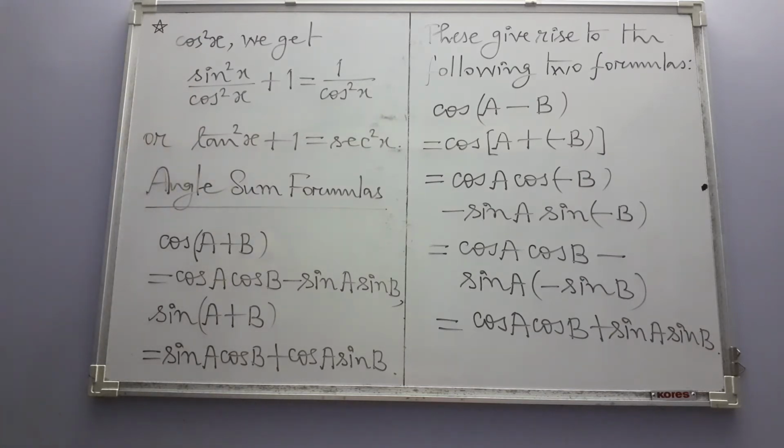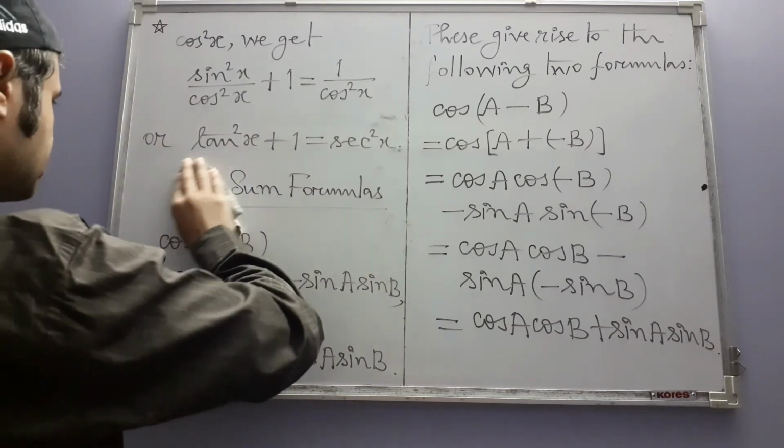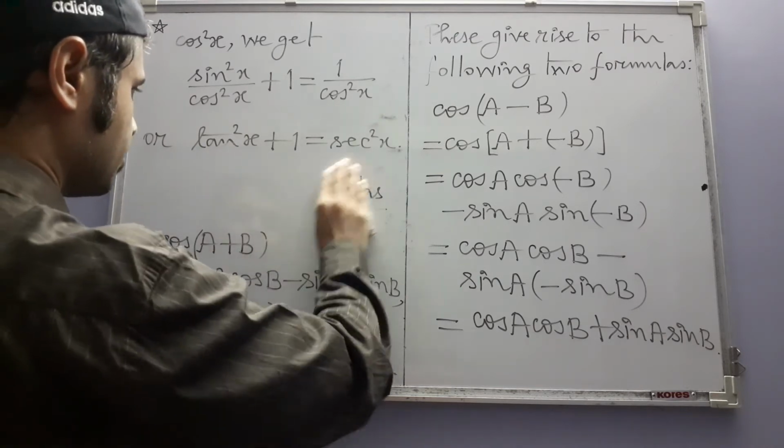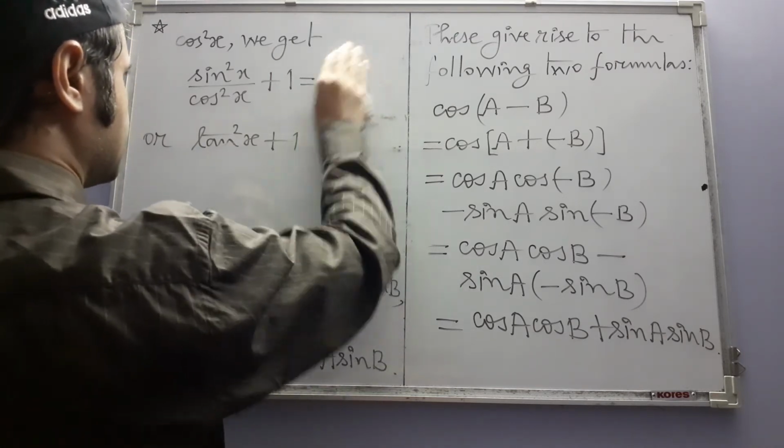So that is the formula for the cosine of the difference of two angles or difference of two real numbers. And let us now next see the sine of a difference.